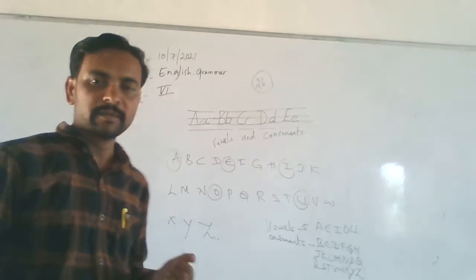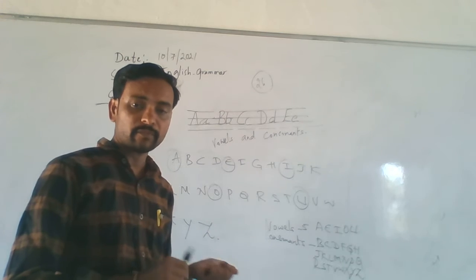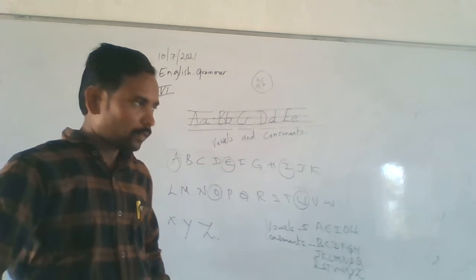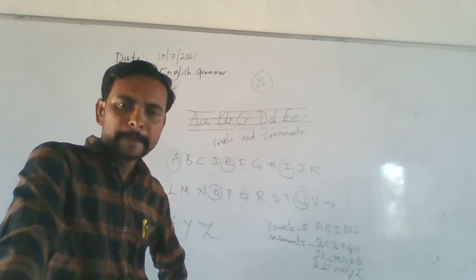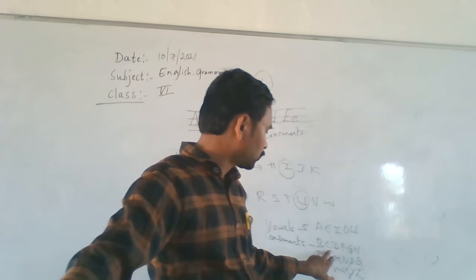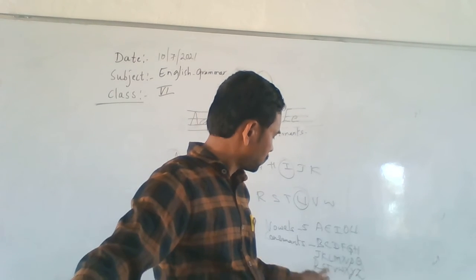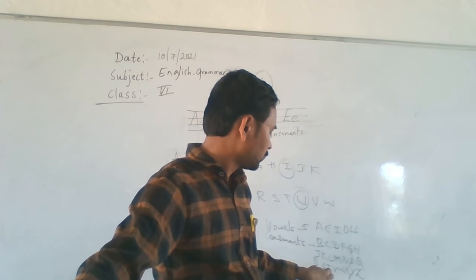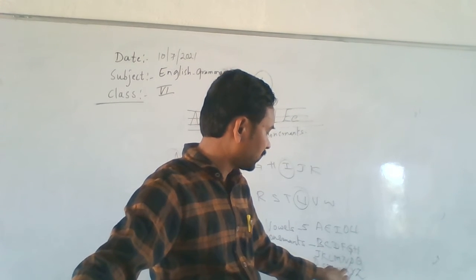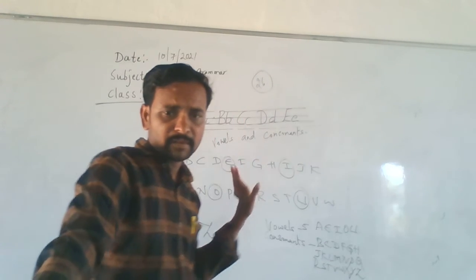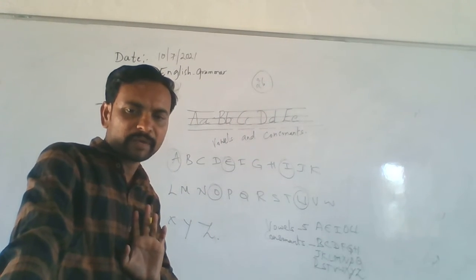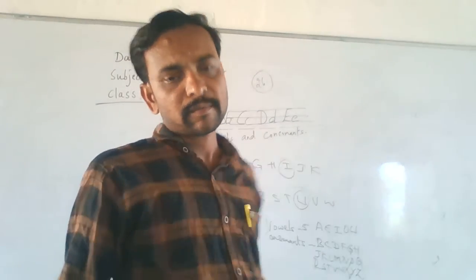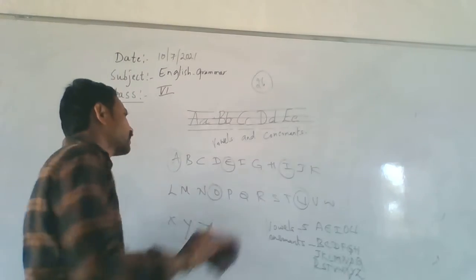Vowels 5, consonants 21. Total alphabets are 26. 1, 2, 3, up to 21. Finish. All alphabets are finished. 5 vowels, and the other 21 we call consonants.